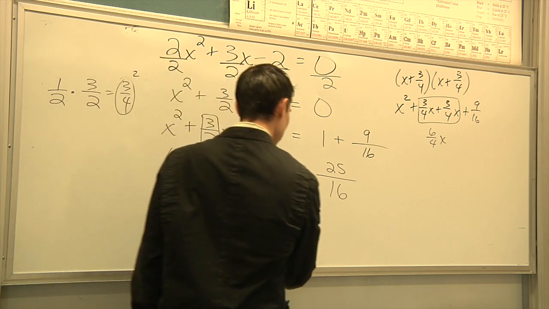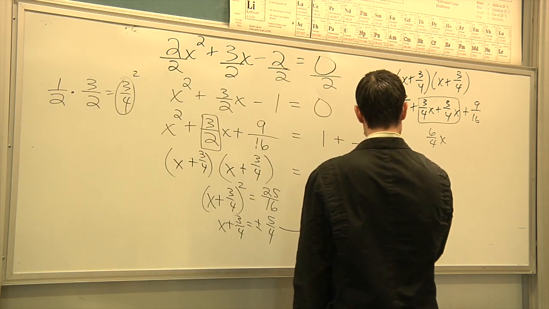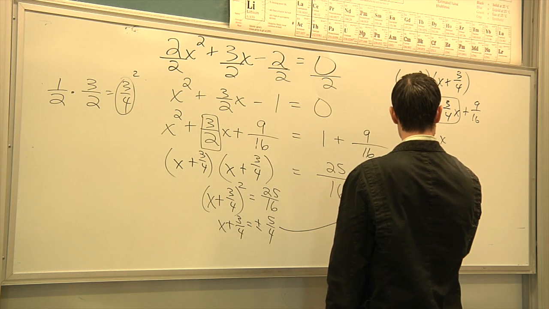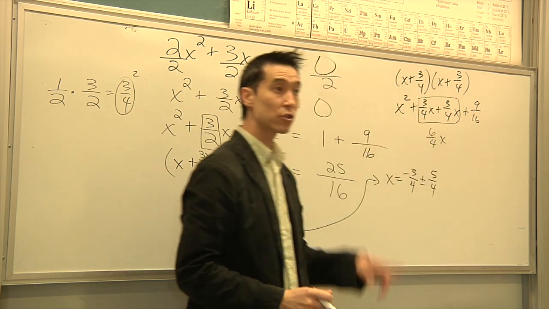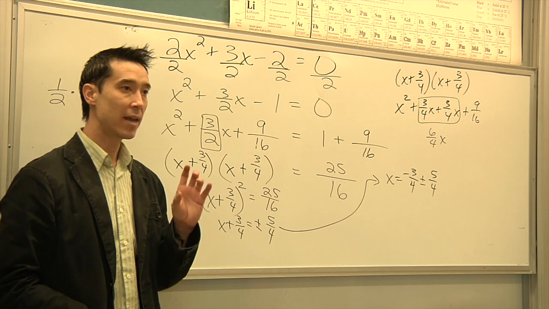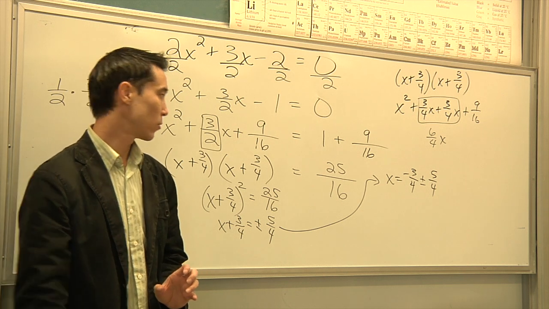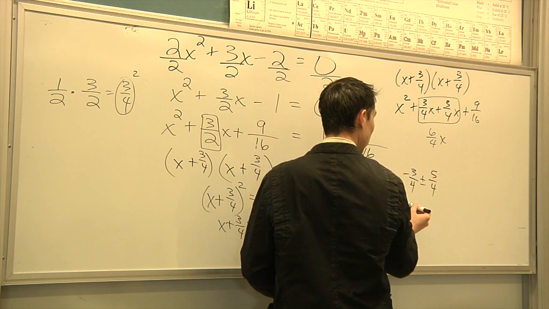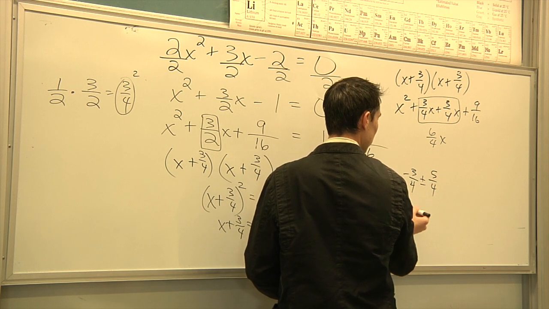I'm running out of room here, so let's move it over here. So I have x equals negative 3/4 plus or minus 5/4. You're going to get two answers. Negative 3 over 4 plus 5 over 4, and negative 3 over 4 minus 5 over 4. Okay? So negative 3 over 4 plus 5 over 4 is 2/4, which is 1/2.